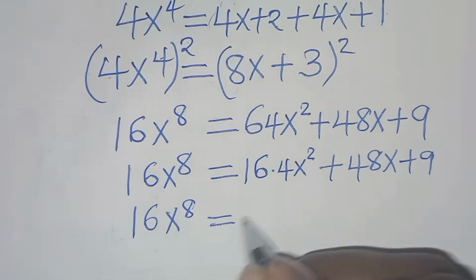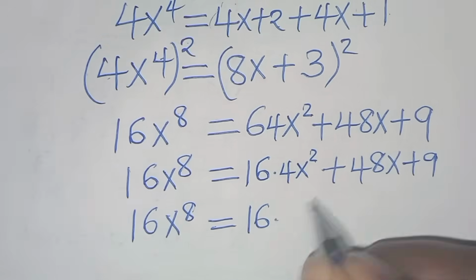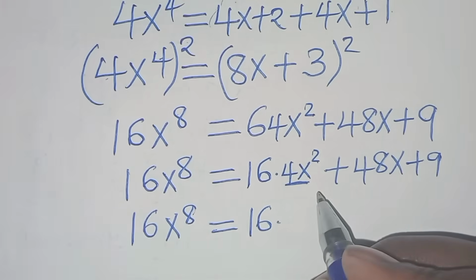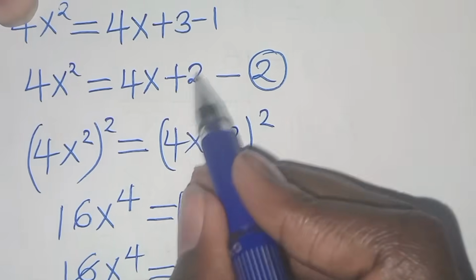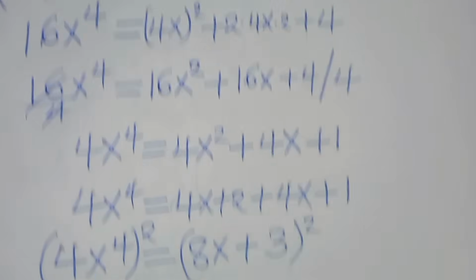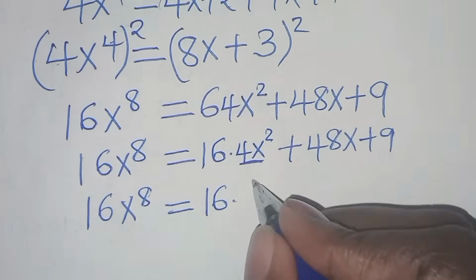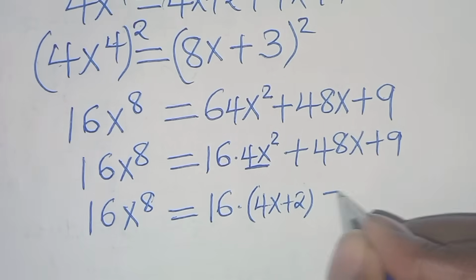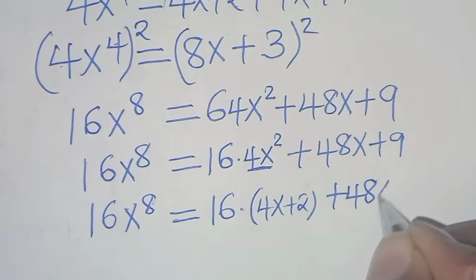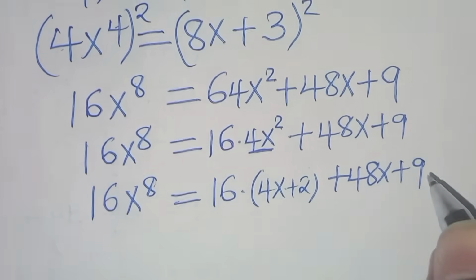This is equal to 16 times, now 4x squared is what we have in equation 2 here, which is 4x plus 2. So let's substitute this. So here we have 4x plus 2, then plus 48x, then plus 9.